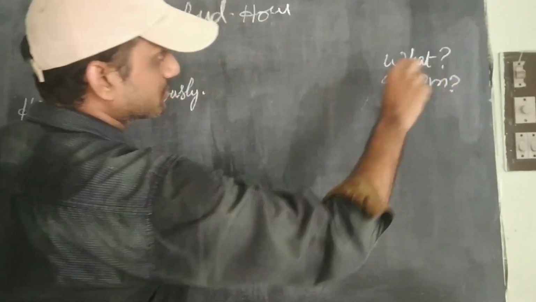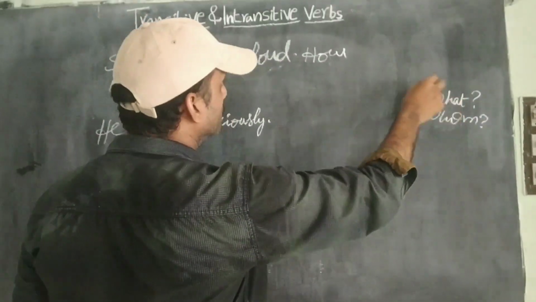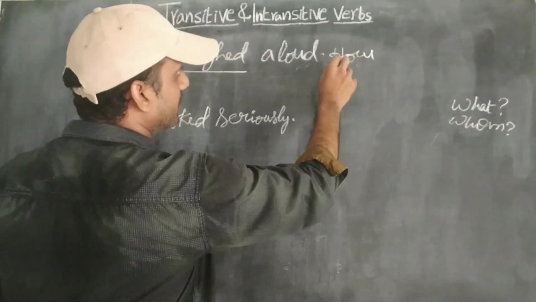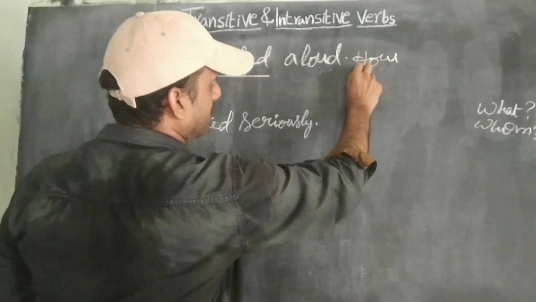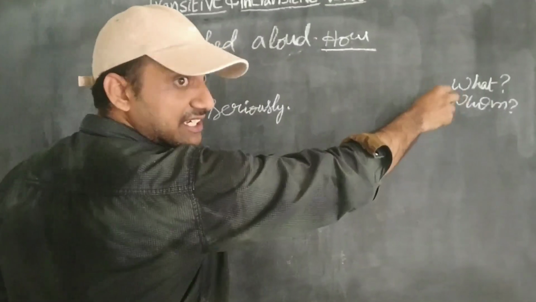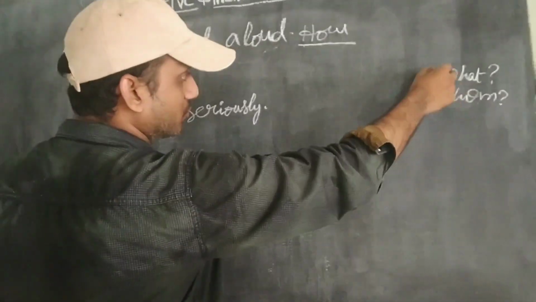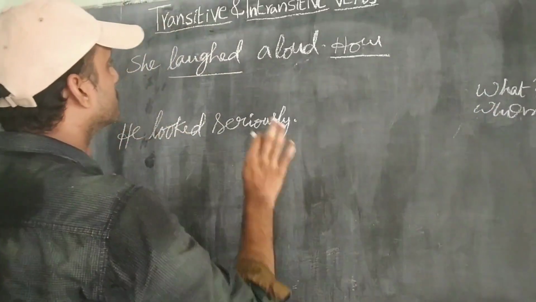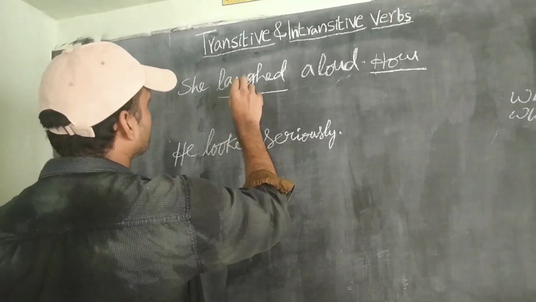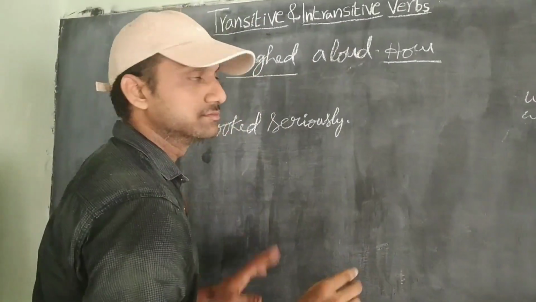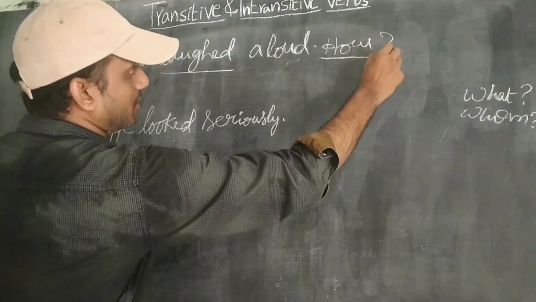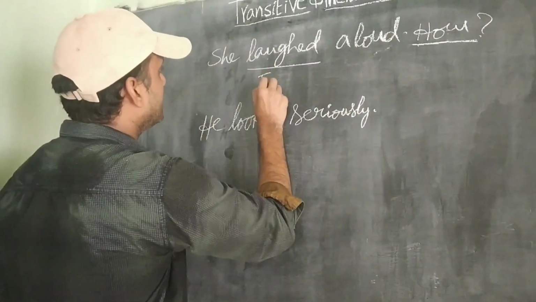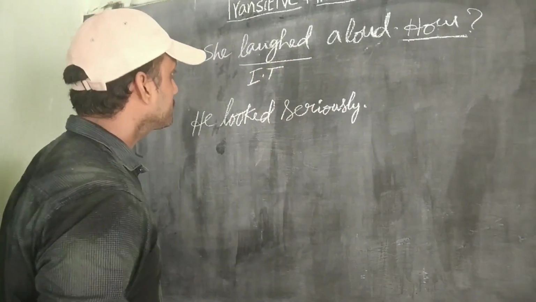If we get any one of these two interrogative words in this question, then only it is possible to write this verb as transitive. So it comes under how? It's not possible. It is intransitive.